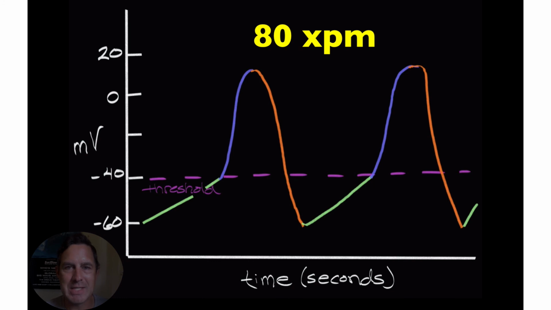Some books are going to suggest 90 times per minute. Just for our purposes, let's just throw out the number 80. 80 times per minute, we are going to get peaks 80 times per minute. A depolarization, repolarization, depolarization, repolarization. There is never a resting state for myocardial autorhythmic cells.